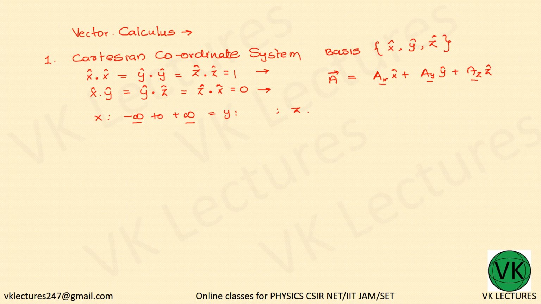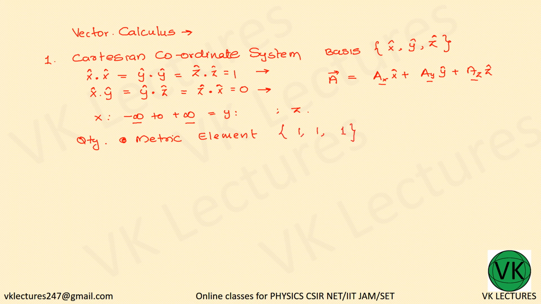Now I am introducing a quantity called the metric element. The metric element for the Cartesian coordinate system is 1, 1, 1.